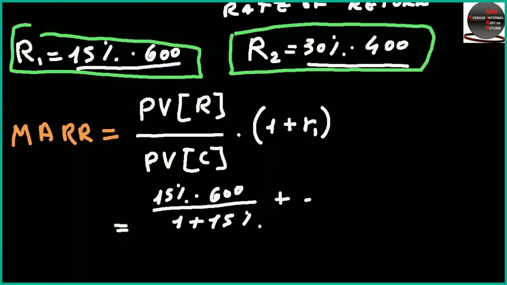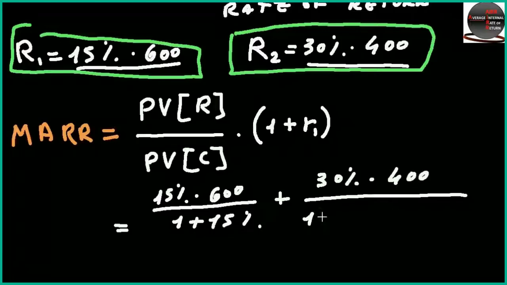And we add the second market return, 30% multiplied by $400, and we discount by 2 periods, at 15% first period and at 30% second period.